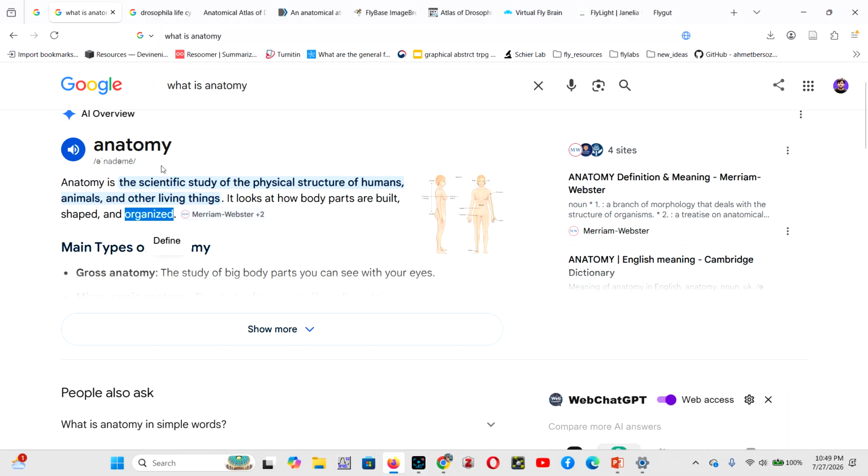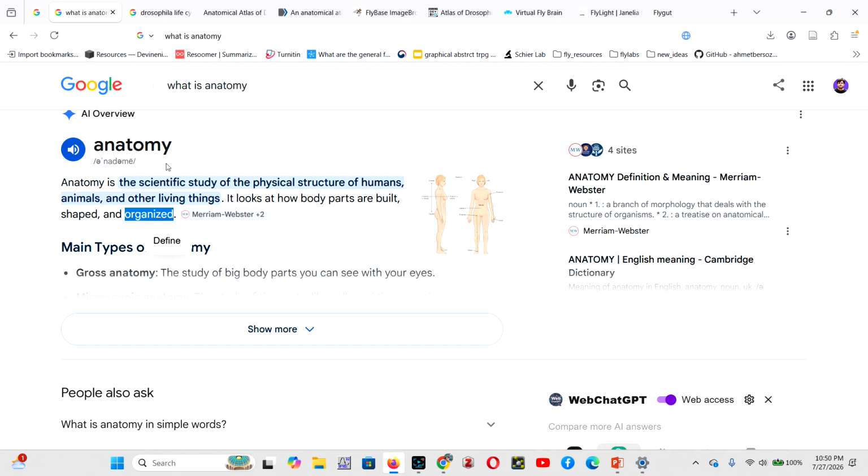Since we're going to talk about the Drosophila anatomy, we need to understand that the Drosophila goes through a life cycle where it becomes an adult. Right now, we're going to focus on the adult anatomy.